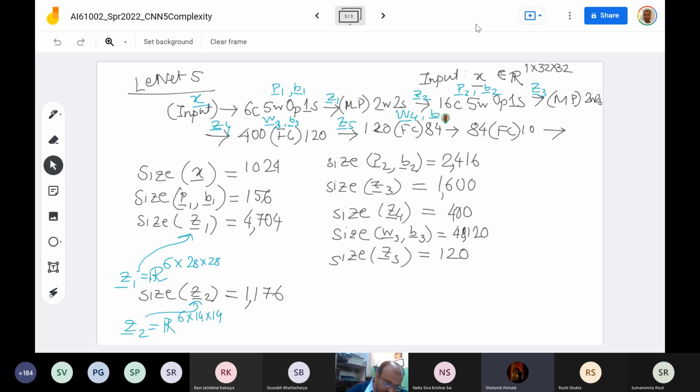Now this one is W4B4. What is this going to be? 10164.